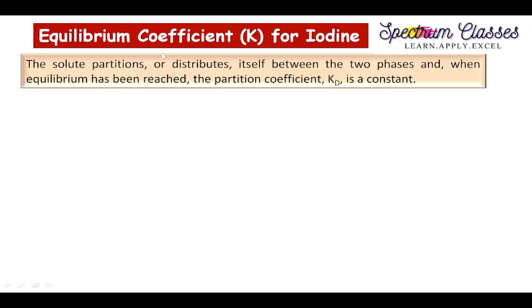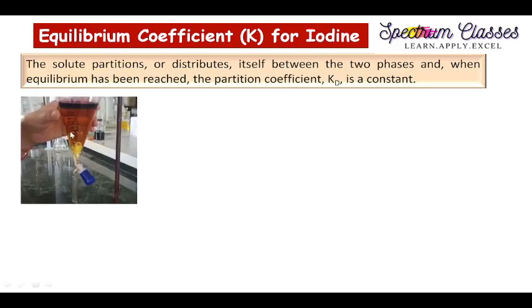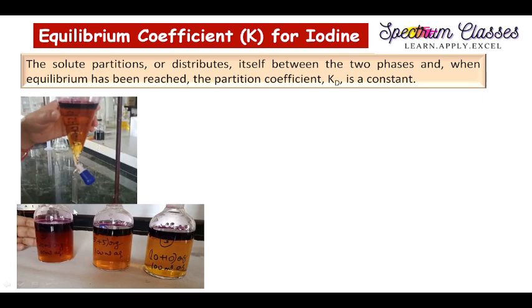Before moving to the equilibrium coefficient, we will first discuss the partition coefficient in brief. Here I have shown you this picture. This experiment I performed in my previous lab activity, in which we determined the partition coefficient or distribution coefficient, represented by Kd. Here we have a water plus n-hexane system.